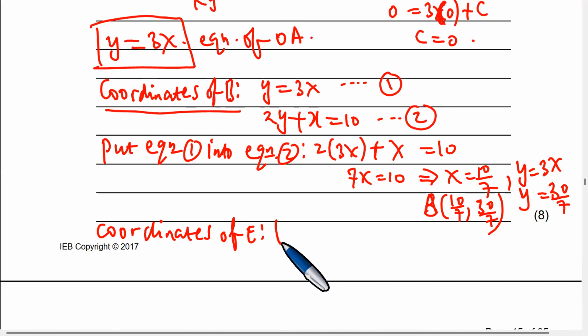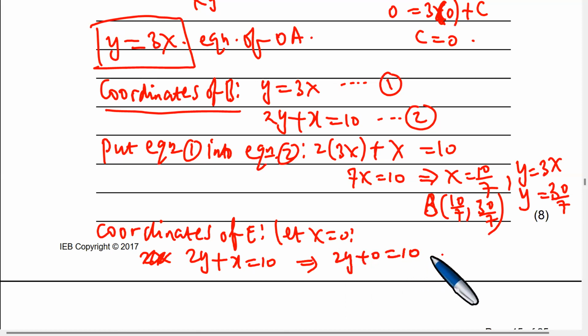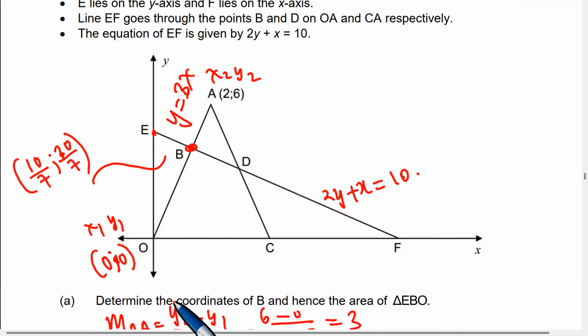It's the y-intercept, so you let x be 0. The equation is 2y plus x equals 10. Make x 0 and divide through by 2. The coordinates of E: x is 0 and y is 5. That is, 0, 5.